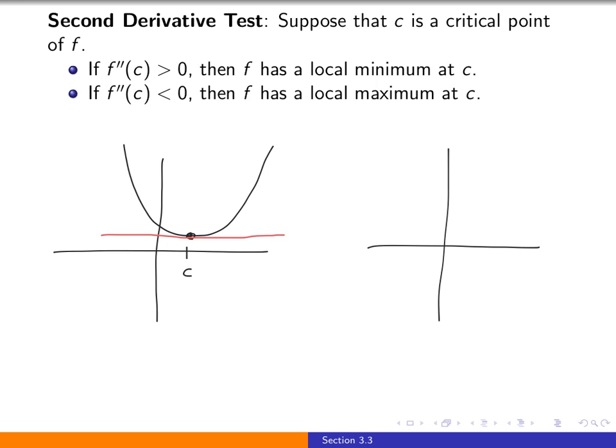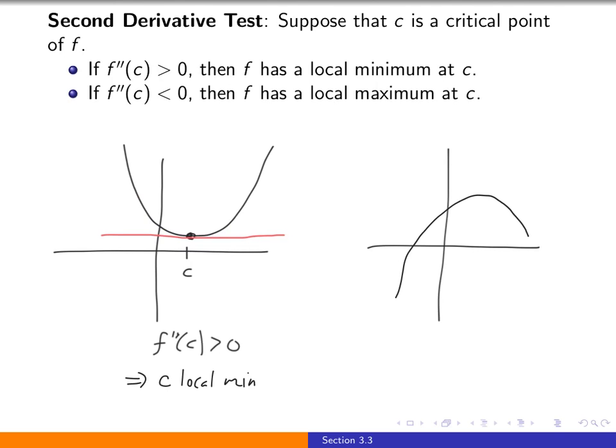In this case, we would say that f double prime of C is positive because the function is concave up. And notice that concave up at a critical point corresponds to a local minimum. So positive second derivative implies C is a local minimum, and this is at a critical point C.